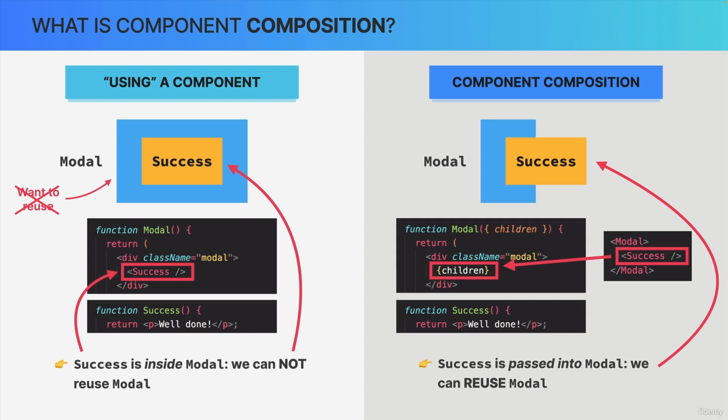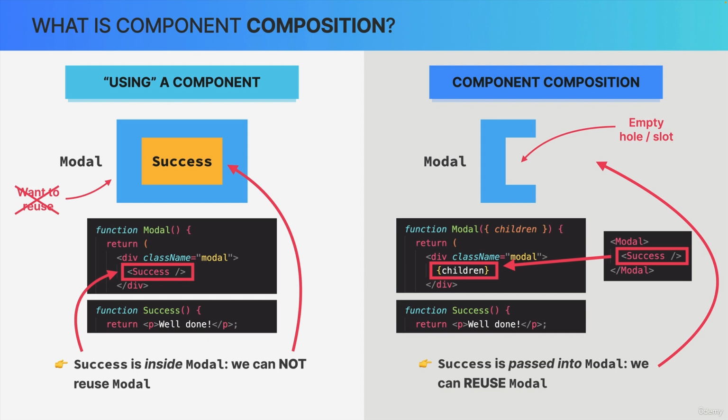And again, this works thanks to the children prop. Now, of course, we could have passed in any other component, which makes the modal component highly reusable. So essentially, when we do component composition, we leave this hole or this empty slot in the component, ready to be filled with any other component that we want.